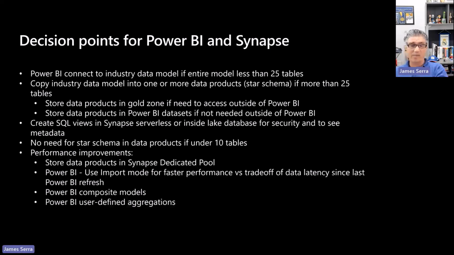And I want to do that if I'm going to use products besides Power BI. So the star schema is in the data lake, and any third-party product can use it. If I'm using Power BI, and I don't have other products that will access it, I'll do everything through Power BI. I can just create the star schema in a data set in Power BI. So you have options there.